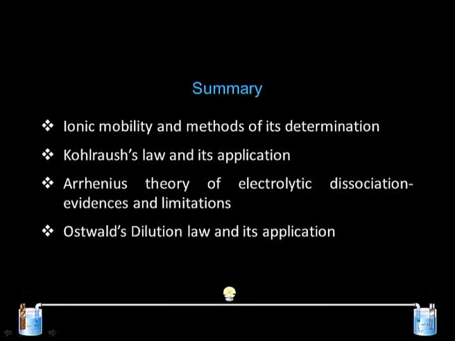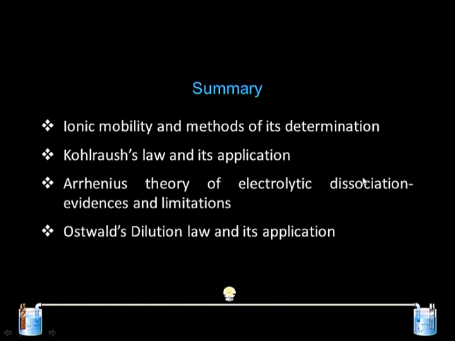So, in the present lecture we have talked about ionic mobility and the method of its determination. Then we discussed the Kohlrausch law, one of the most important laws when we want to find the dissociation constant or lambda of a weak electrolyte.